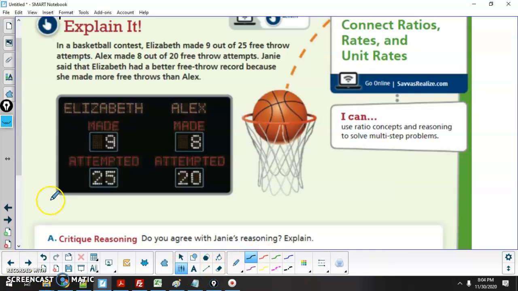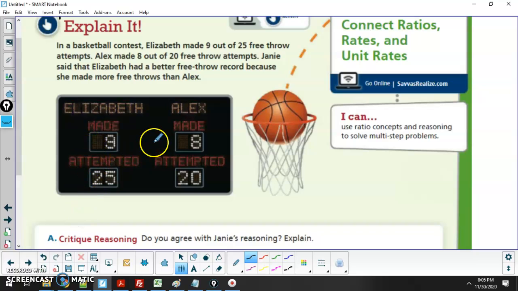Well, we can't really know for sure, to be honest. Her reasoning is a little faulty here. If I shoot 100 times, I'm probably going to make more than if somebody shoots 20 times, just to exaggerate a little bit. So a good way to compare these ratios is to equalize them somehow. You could do one of two things.